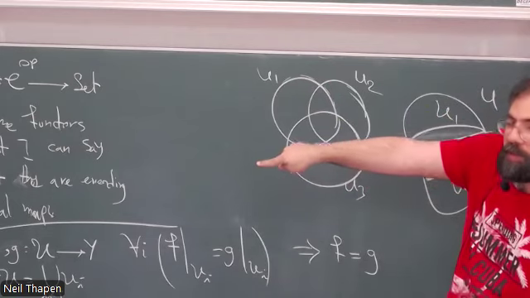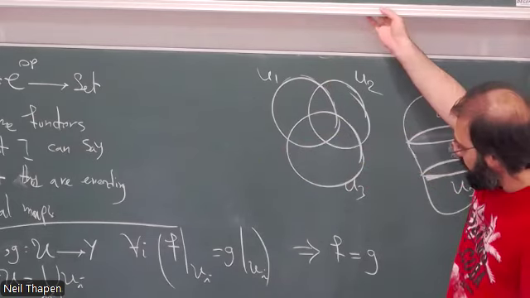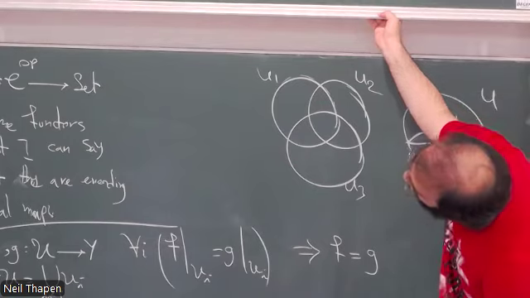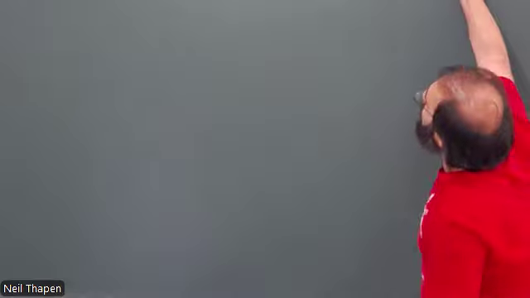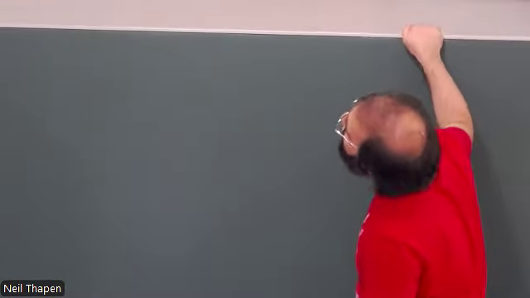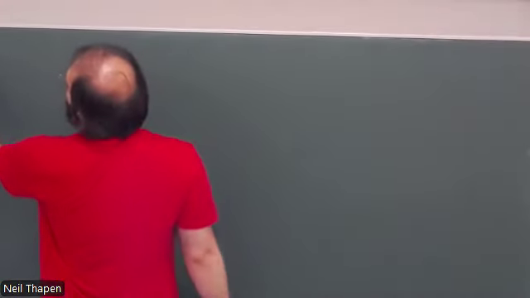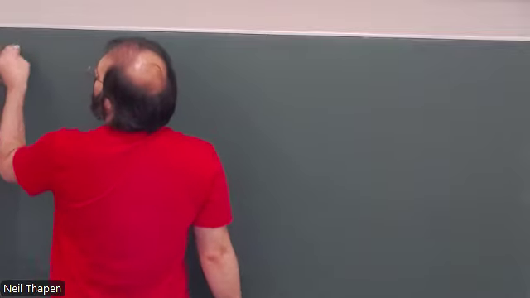The constant function is not. So that's the difference. It captures locality, and I can axiomatize it.